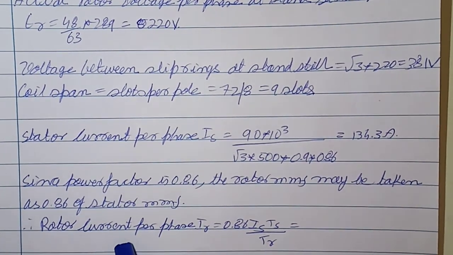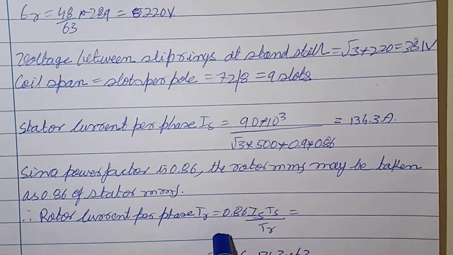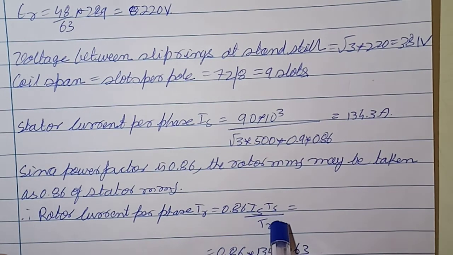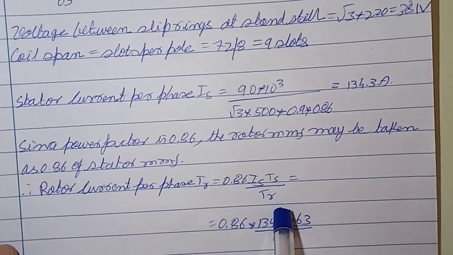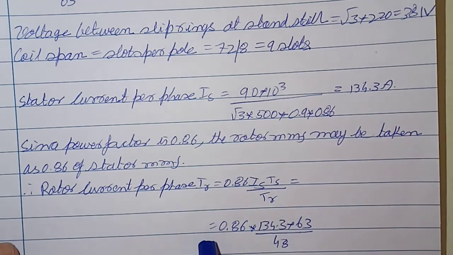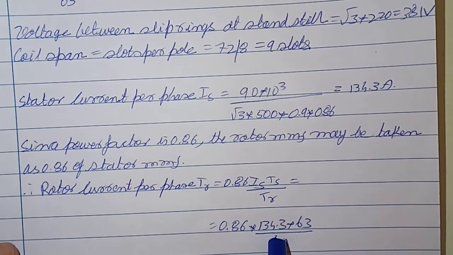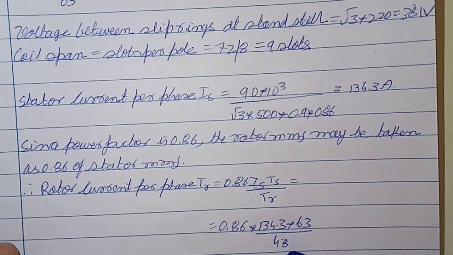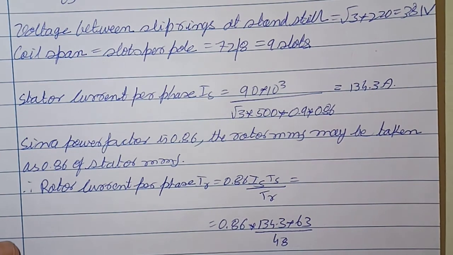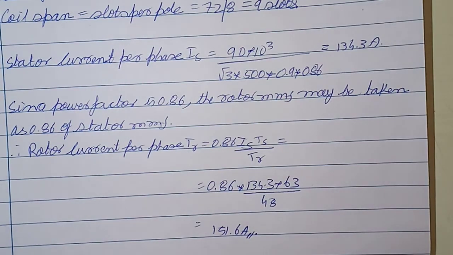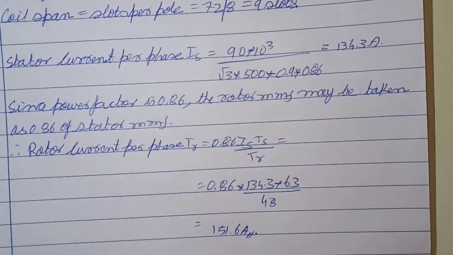So rotor current per phase I_R will be 0.86 I_S T_S by T_R. Okay, so I_R will be 0.86 into 134.3 into 63 divided by 48, which is equal to 151.6 ampere.